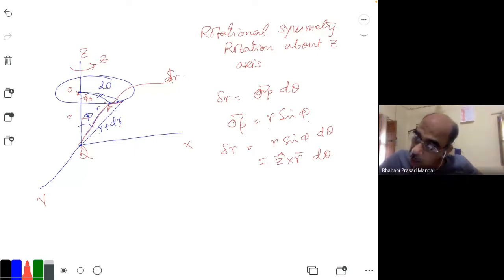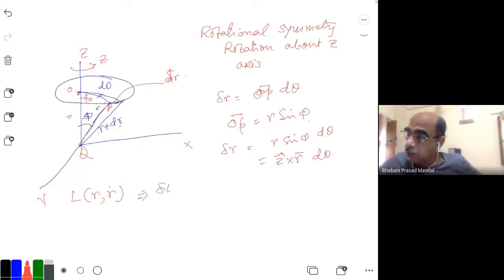So now if I go back to my Lagrangian, I consider L as a function of r and r dot. If you have this Lagrangian, then calculate delta L, the variation of the Lagrangian, which will be del L del r dotted with delta r, plus del L del r dot dotted with delta r dot. Here r and r dot are vectors.